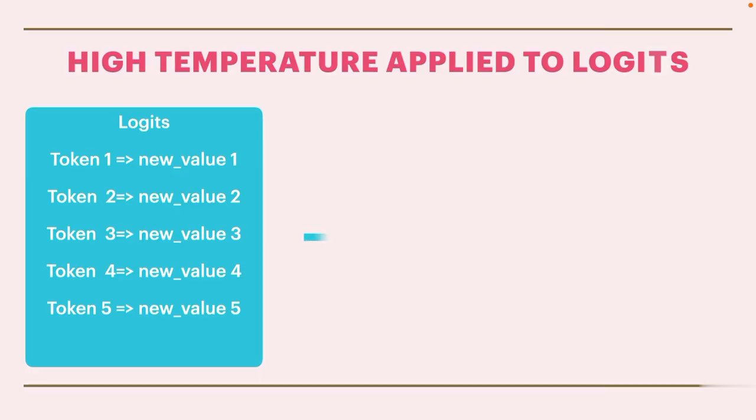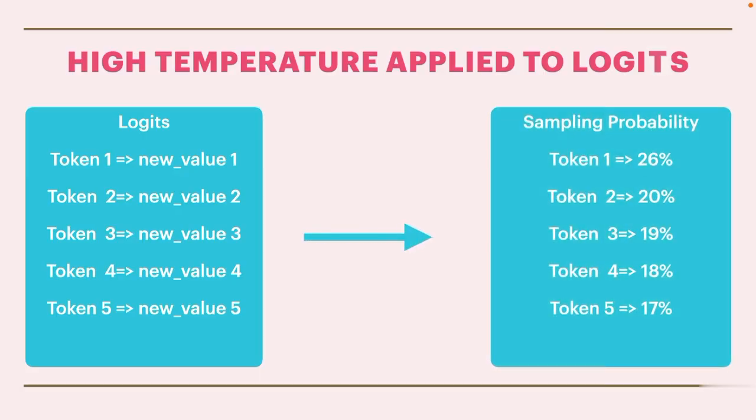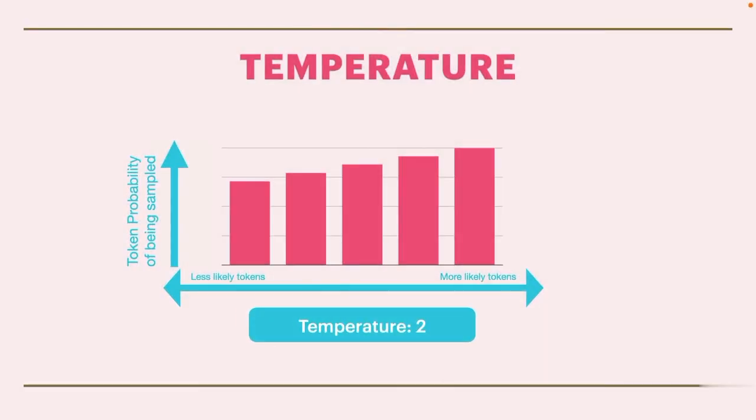So a higher temperature value greater than 1 will result in more softened and diverse probabilities, spreading the probability mass across different classes. This means that the model becomes more uncertain and assigns more comparable probabilities to different classes. So in this example here, we've got new values for the logits, and that led to new probabilities of sampling for each of our 5 tokens. And you can see that the probabilities this time are comparable, as you can see in this graph.